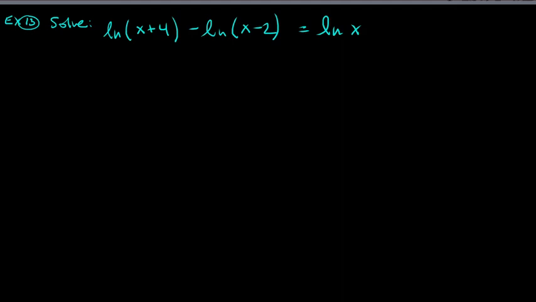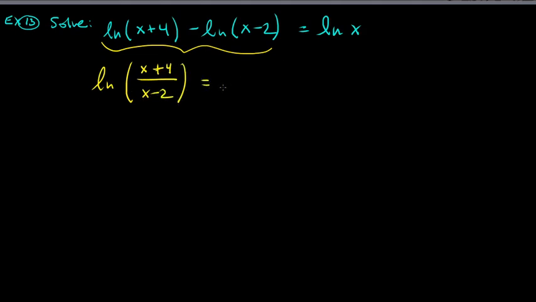Log of x plus 4 minus log of x minus 2 equals log x. Okay. So I think in this case, and it's actually very similar to the previous one in that there's a difference here on the left. So by using the quotient rule, we can condense this down into the natural log of the fraction x plus 4 divided by x minus 2.